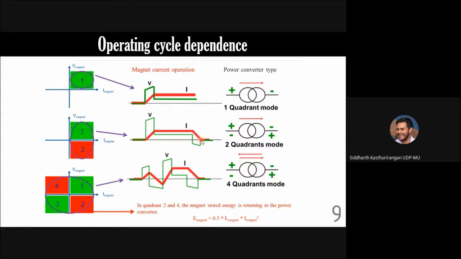Okay. So the copper coil of the magnet has some resistance and it has some inductance. If it was a pure resistor, then voltage and current would be proportional throughout. But because it is an inductor as well as a resistor, you will have additional voltage needed whenever you are changing the current.